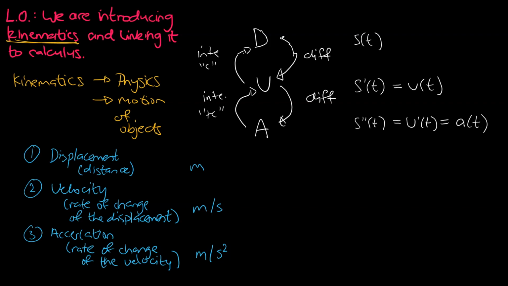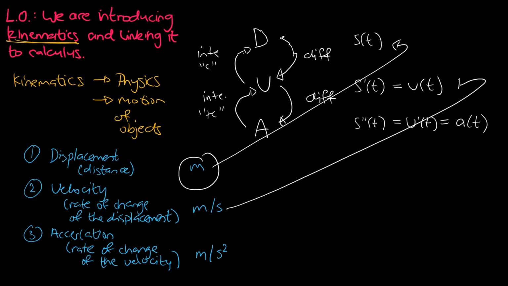And just to note, we've already chatted about the units. s(t) would be in terms of meters. The velocity would be in terms of meters per second. And the acceleration would be in terms of meters per second squared. So that was a quick summary of very generally what kinematics is.